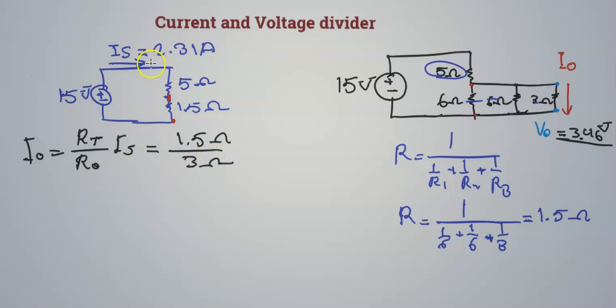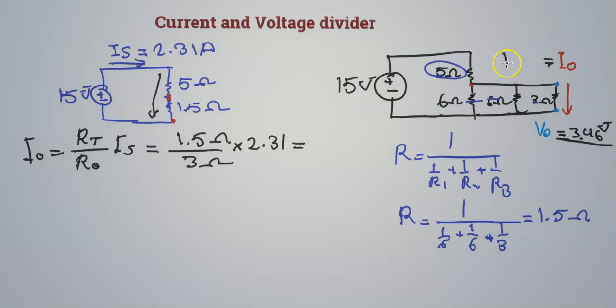And if you remember, the current through the whole circuit is 2.31, so multiply by 2.31 ampere equals 1.16. Let me write it nicely.